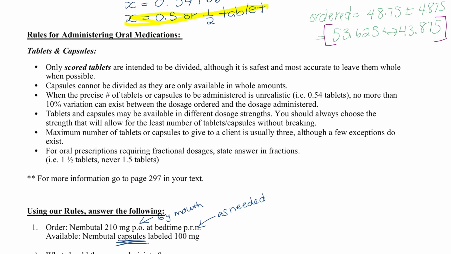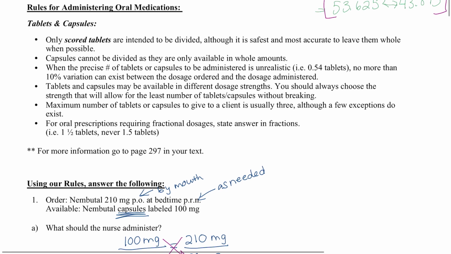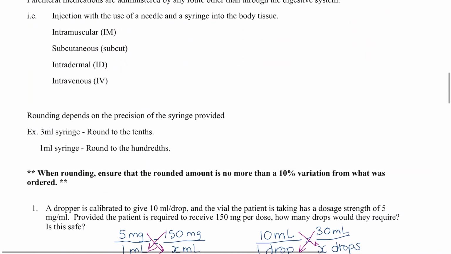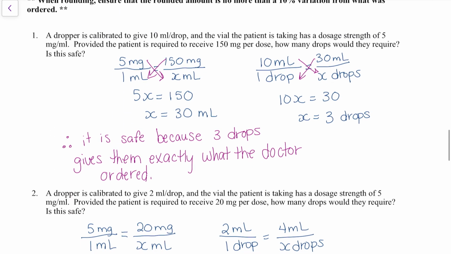So you always want to get as close to what was ordered as possible in the least amount of tablets or capsules without breaking. The maximum number of tablets or capsules you should give in one dose is 3. And if you do have to do a half tablet, make sure you're writing that as a fraction and not as 0.5.